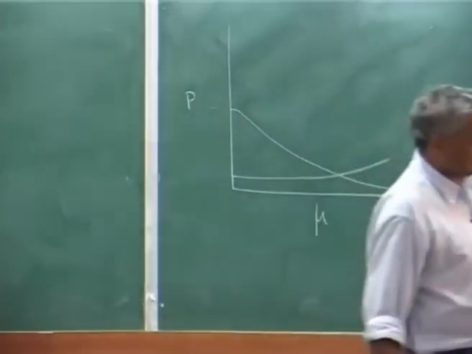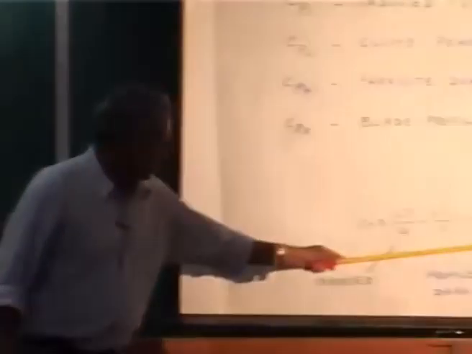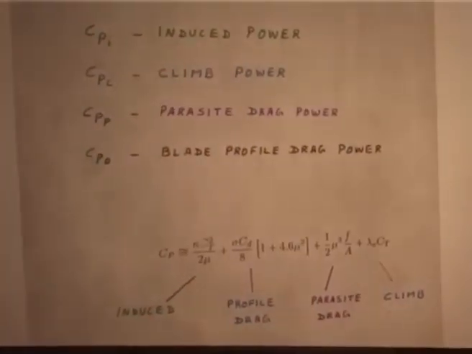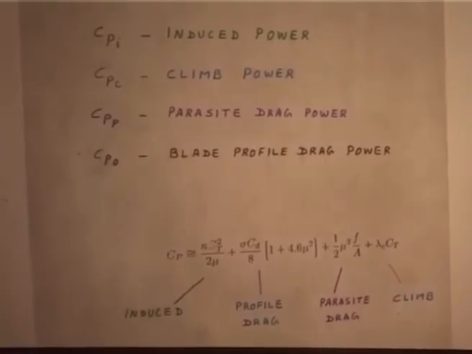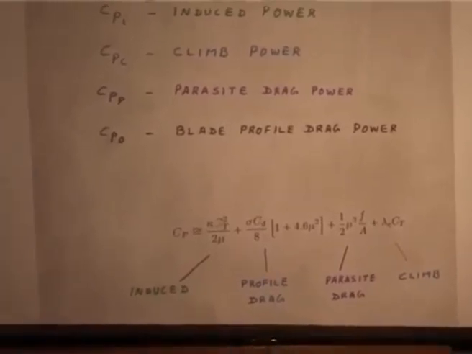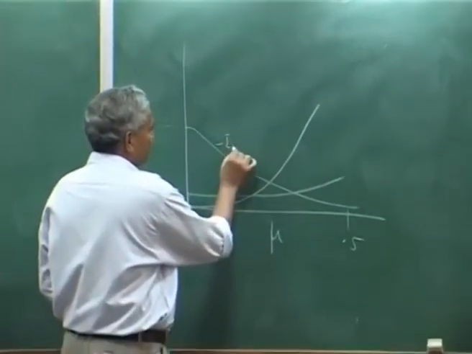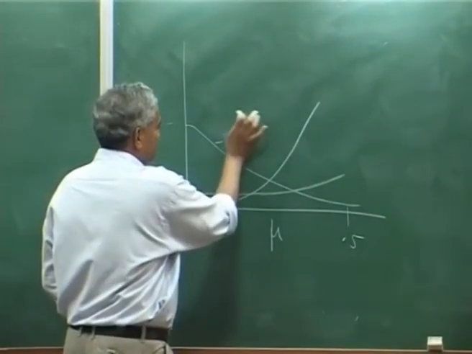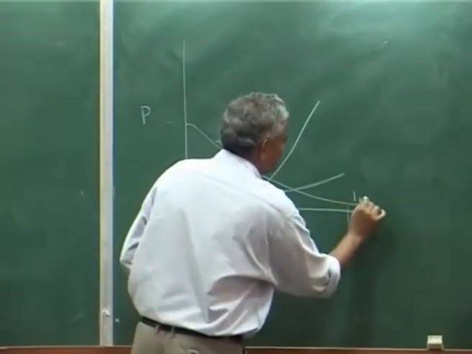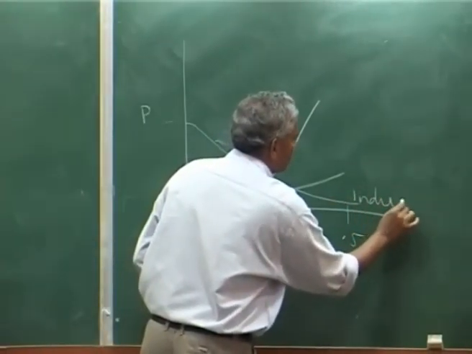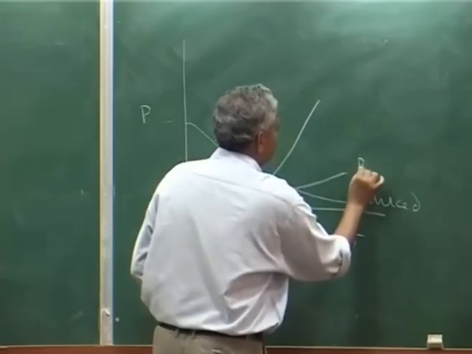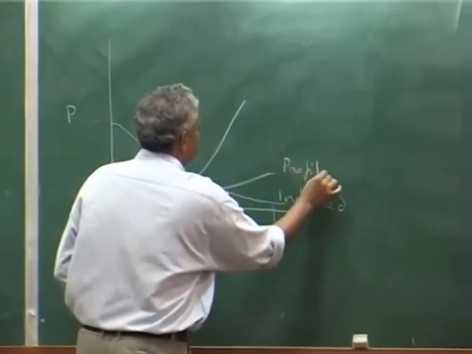But if you look at this term, parasite drag, that is mu cube, this will start like a cubic. So this is induced, maybe I will write it here separately, this is induced, this is profile, this is parasite.